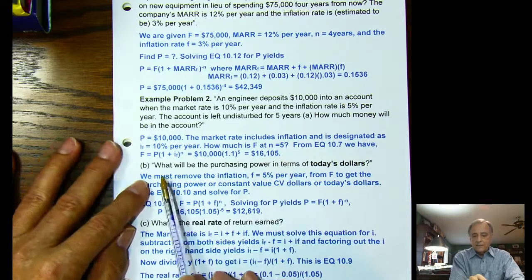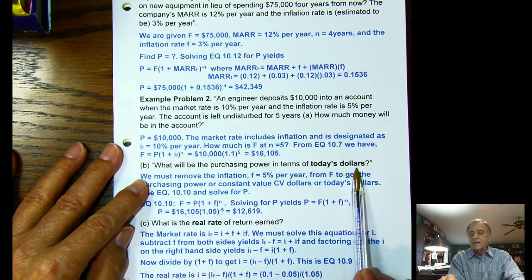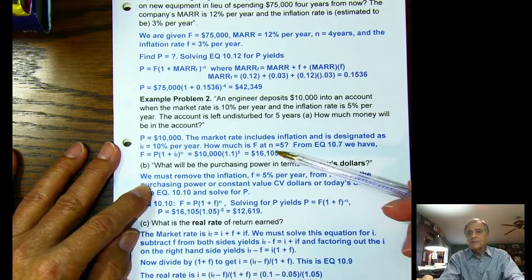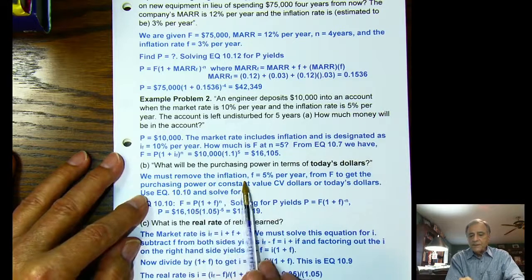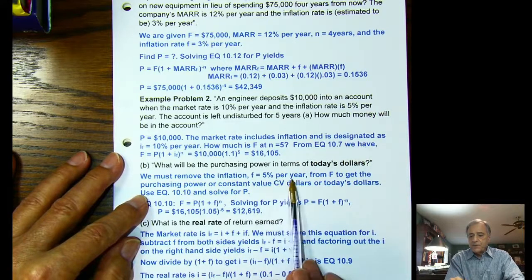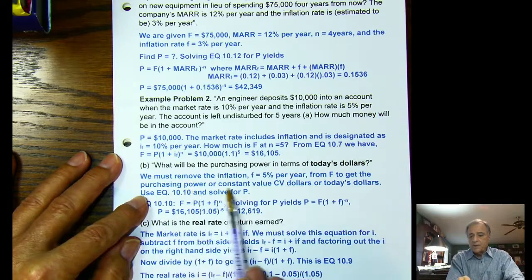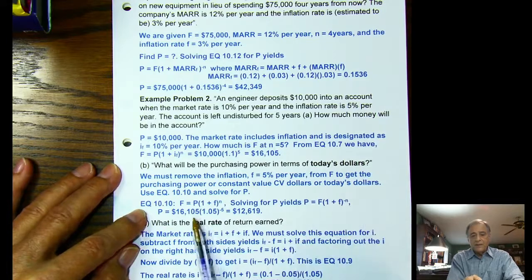Part B says, what will be the purchasing power in terms of today's dollars? So we're looking for the constant value of these F dollars here. And we must remove the inflation of 5% per year from the F to get the purchasing power, or constant value dollars, or today's dollars we call them.